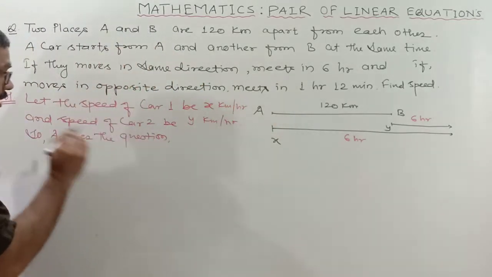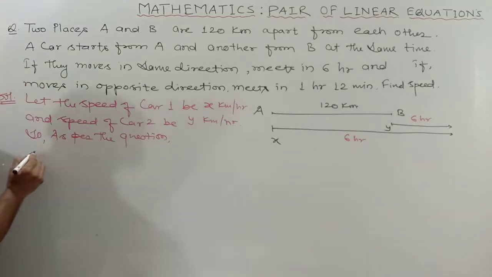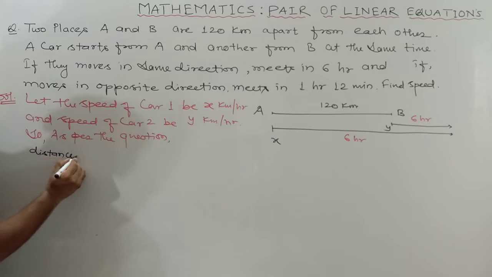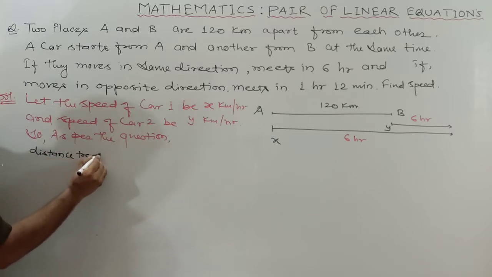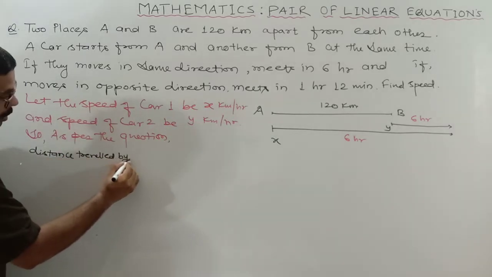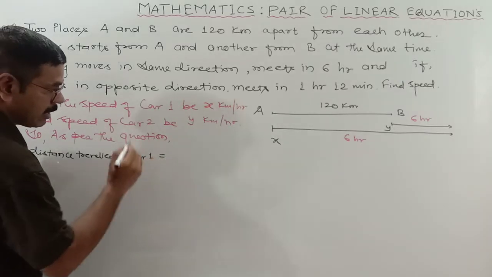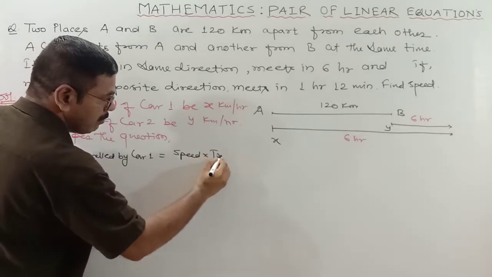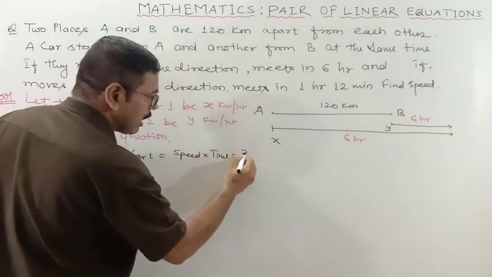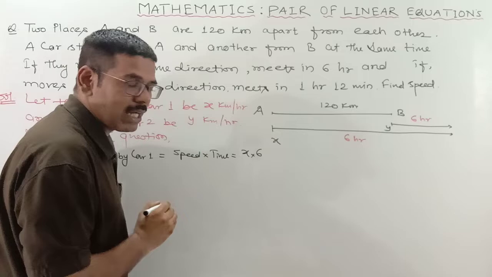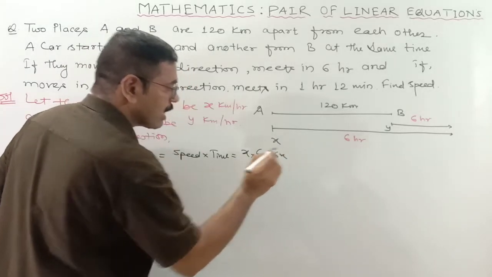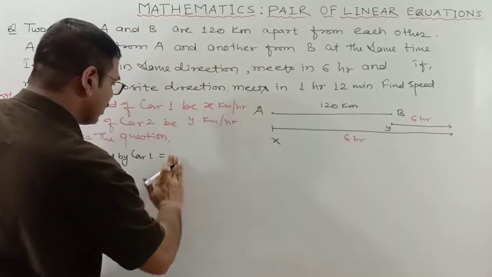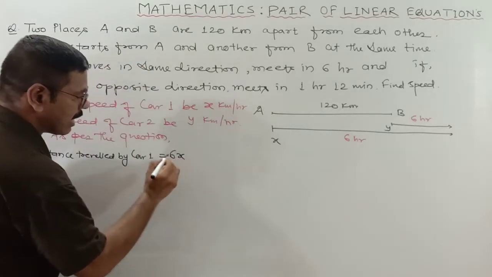So the distance traveled by car 1 is equal to speed into time. What is speed? x. What is time? 6 hours. So this will be 6x. Are you getting it? So we are just writing it directly, 6x.